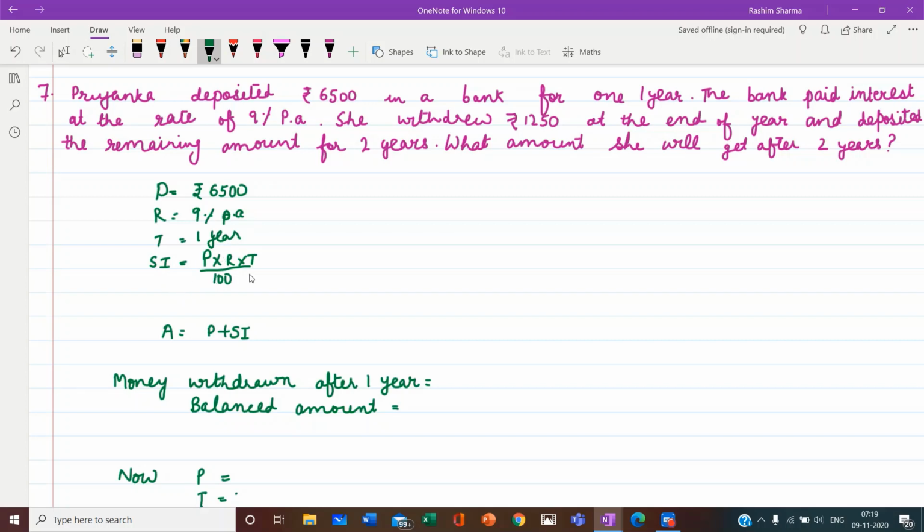So when we put the values in the formula of simple interest, that is P into R into T upon 100, we get 6,500 into 9 into 1 upon 100. Zeros cancel here.